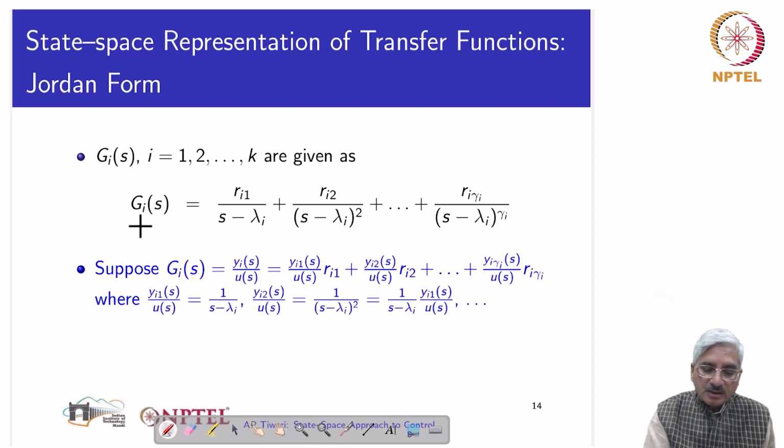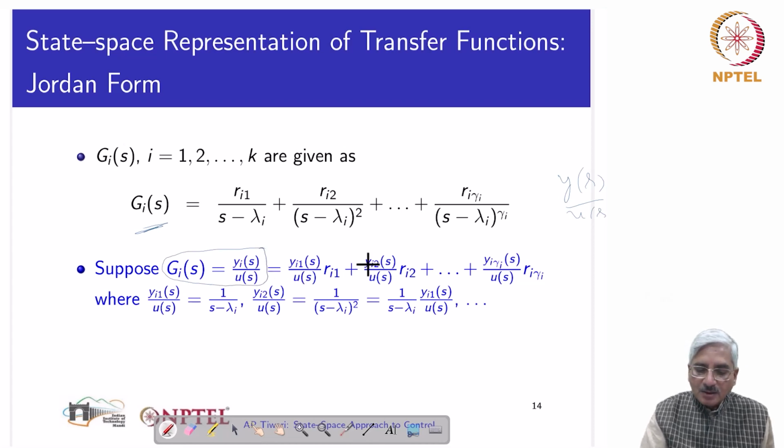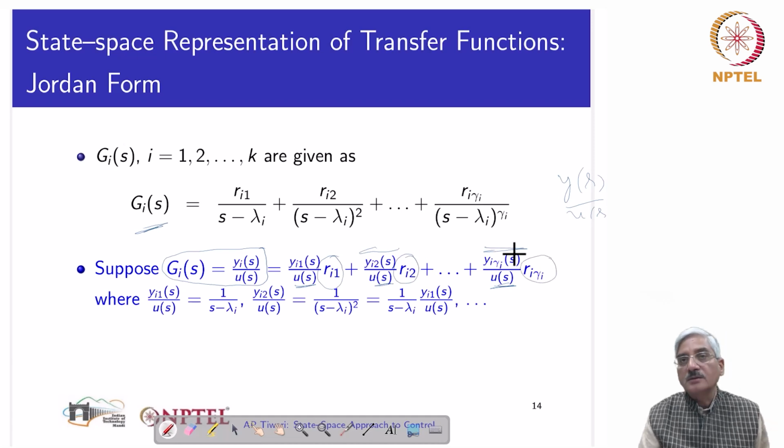So we continue considering Gi(s), which is Yi(s) by U(s). Now Yi is broken as Yi1, Yi2, Yi3, etc., Yi gamma i, each one divided by U(s) and multiplied by Ri1, Ri2, etc., Ri gamma i.